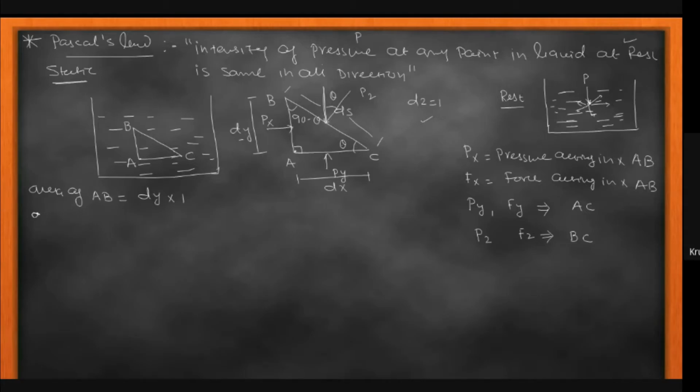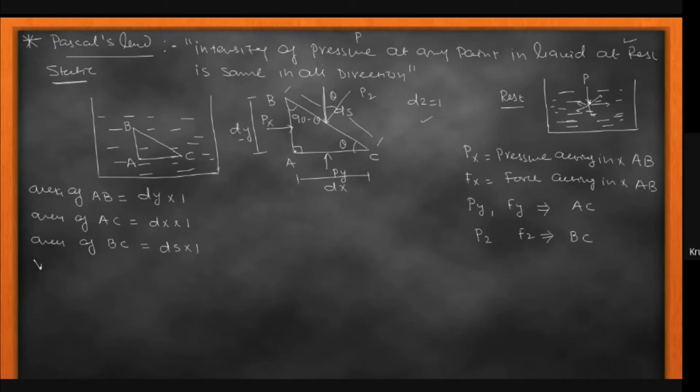Then the area of the AC face. Same way, that is dx into 1 because this is dx and perpendicular dz is 1. Then the area of the BC face, that is ds and perpendicular dimension is 1. So we get ds into 1.